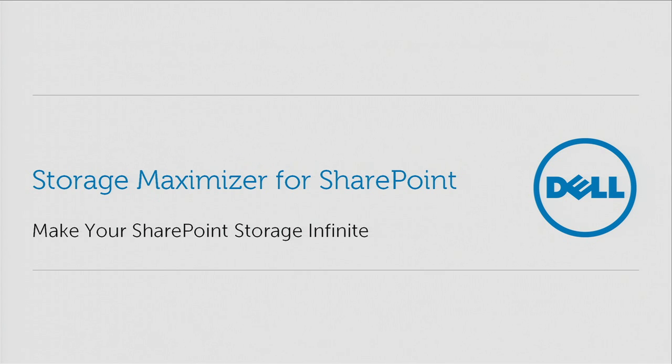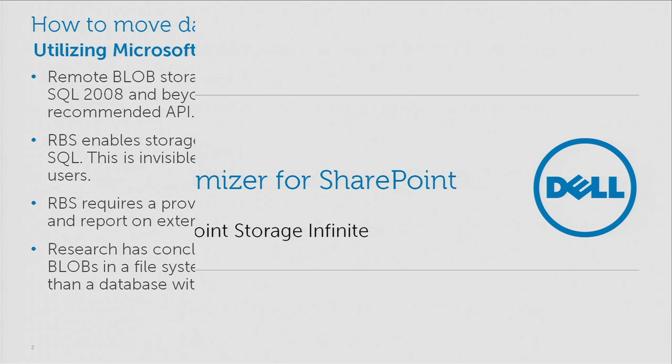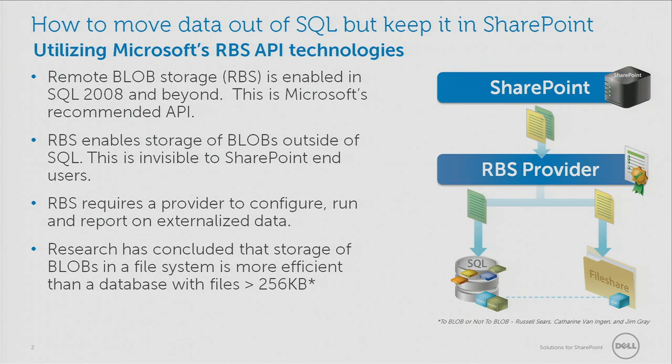So instead of storing these blobs, which are broken down into smaller files, in SQL Server, you can offload these files into the cloud, like an S3 bucket, or you can do it on a local disk. Since Microsoft provides a couple of APIs that allow us to externalize this content, we can use both the EBS and RBS APIs. So essentially what we'll do is we'll take the content that you're uploading into your content databases when you're interfacing with SharePoint.